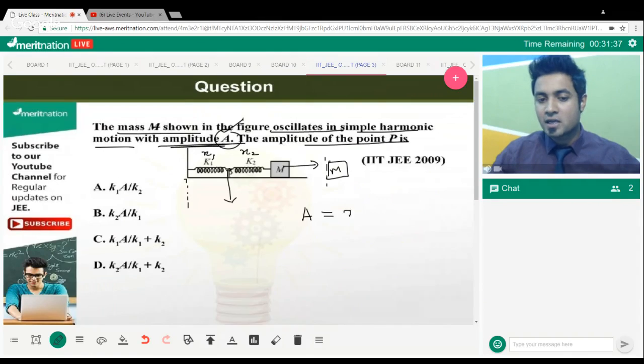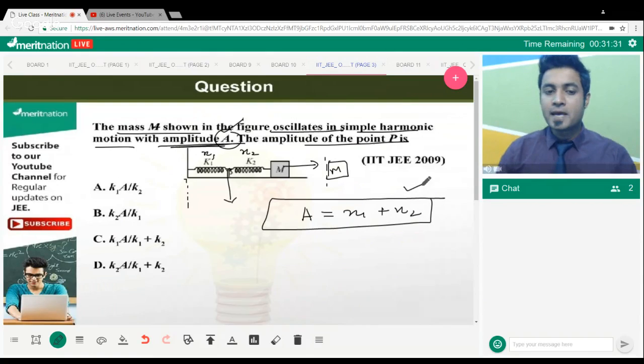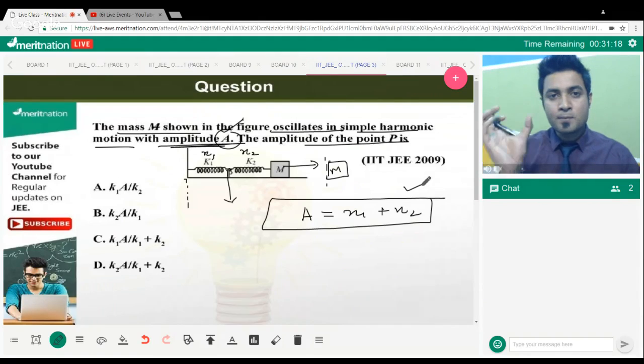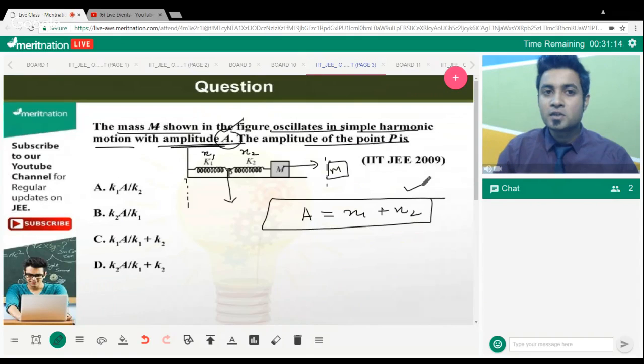So I can write it as x1 plus x2, isn't it? Whatever stretch is produced in the first spring, and whatever stretch is produced in the second spring, the amplitude of that particular system would be nothing but the sum of the individual spring stretches, right?